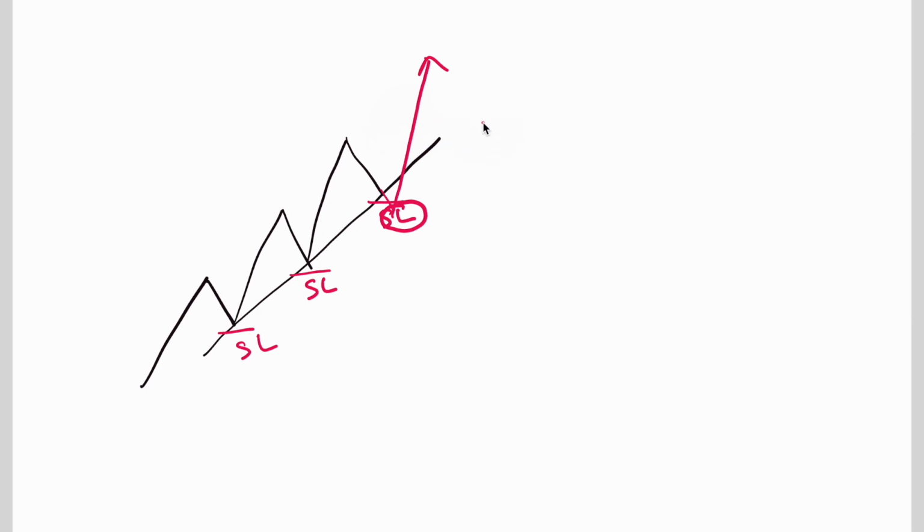And there are many scenarios in which this can happen. I just showed you one example. I'll show you one more. Consider this example. There is a double bottom here. Okay. Now, what would you think? That this is a strong support level. Okay. The market comes back here.